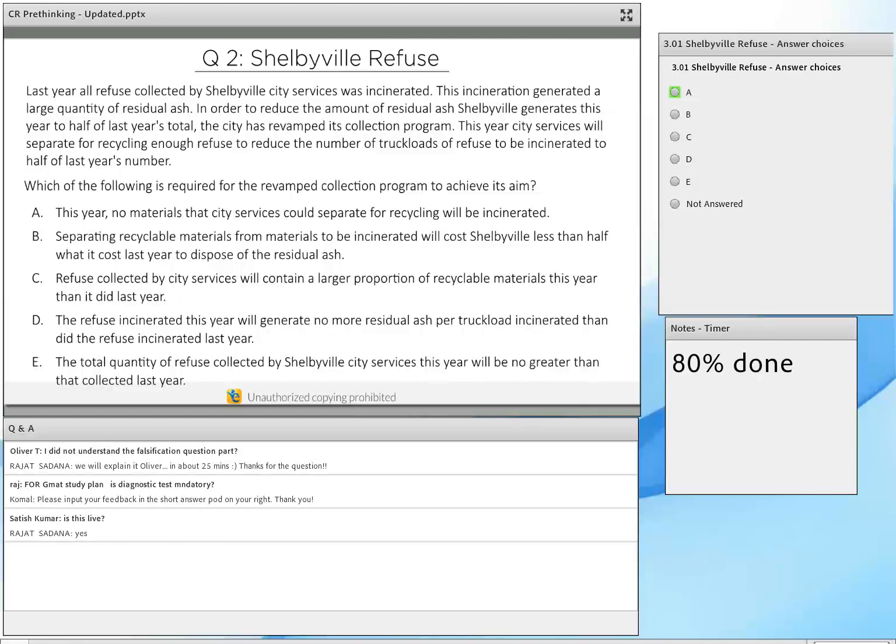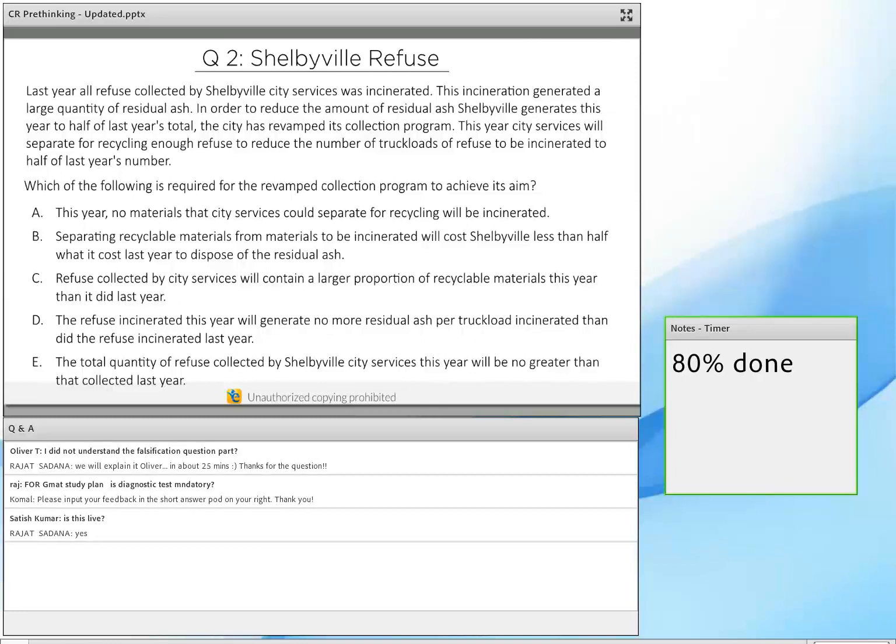Let me end the poll and broadcast the results. So again, 41% of you chose choice D, which is a clear winner, but choices E and C, as well as choice A, all three of them are also quite popular.